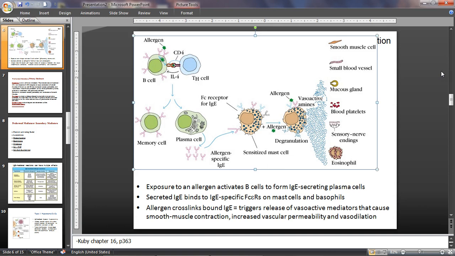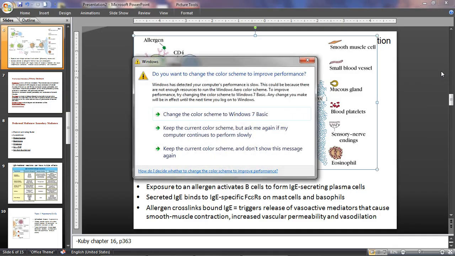But the effect of histamine on the small blood vessels and their smooth muscle is dilatation. So the blood vessels could dilate, or their porosity could increase. So there could be a shifting of the intravascular fluid to the extravascular tissues, resulting in localized edema or generalized edema. There could be overproduction of the mucus glands.